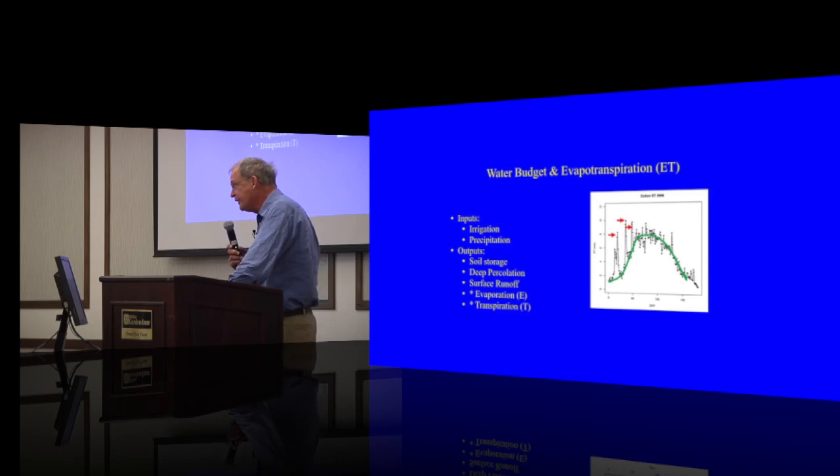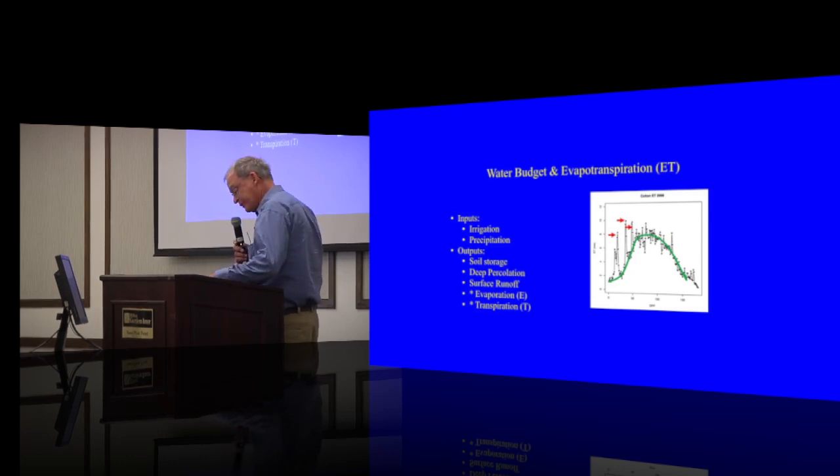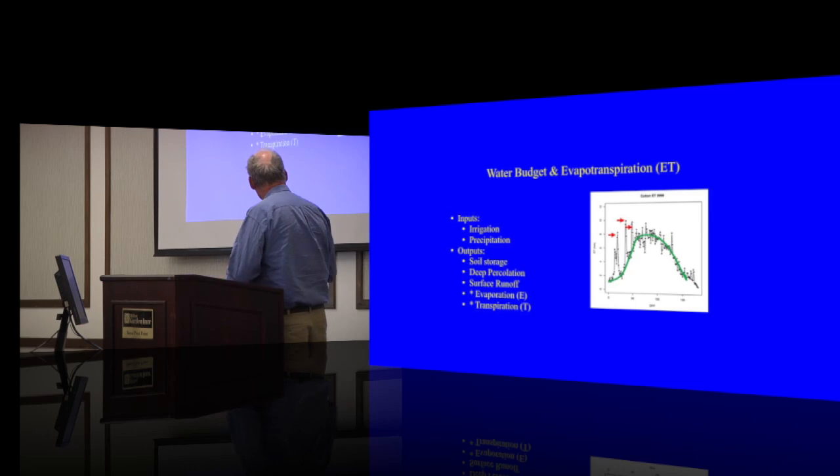But those last two items, evaporation and transpiration, are the majority of the water lost through the water cycle and the most difficult to measure. The graph at the right here illustrates seasonal variation in the evaporation and transpiration for a crop.